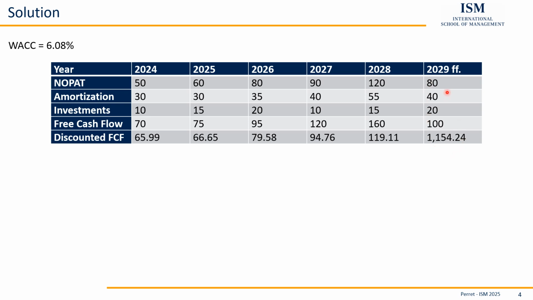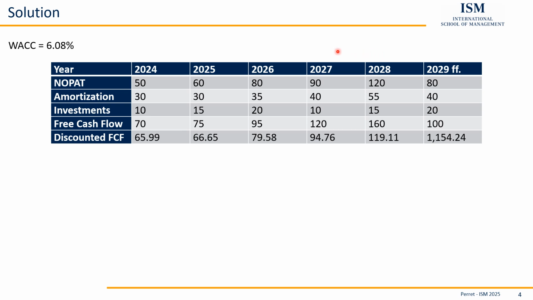The net present value of a perpetuity, I can calculate by taking the value paid each period, so the 100 in free cash flows, and dividing it by the respective interest rate. So here I'm dividing 100 by the WACC of 6.08%. This is then the value of this perpetuity in the respective year. So this is the value of the perpetuity in 29.